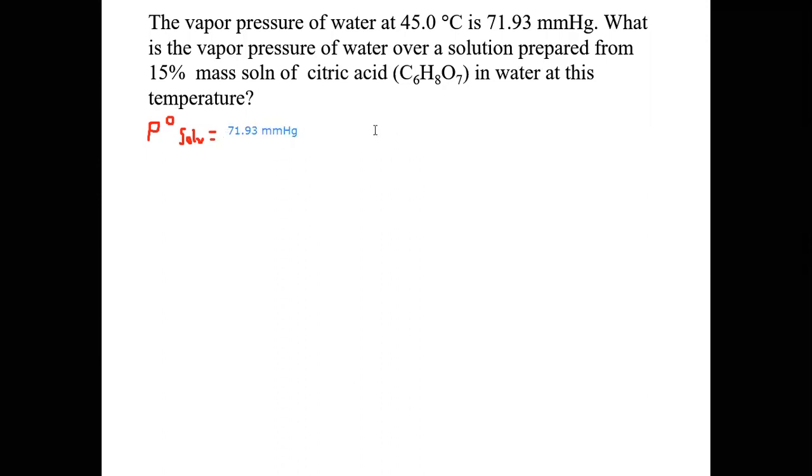Now, in order to calculate the vapor pressure of the solvent in the mixture, we need to know the mole fraction of solvent and the vapor pressure of pure solvent, which we already know. So if we can find the mole fraction of solvent, we can determine the vapor pressure of the solvent in a 15% mass solution of citric acid. So we're going to need to know the molar mass of citric acid. So let me go ahead and do that real quick.